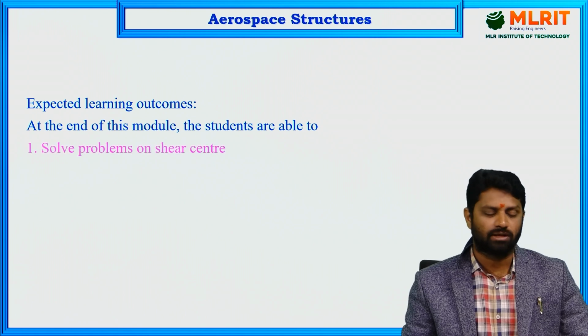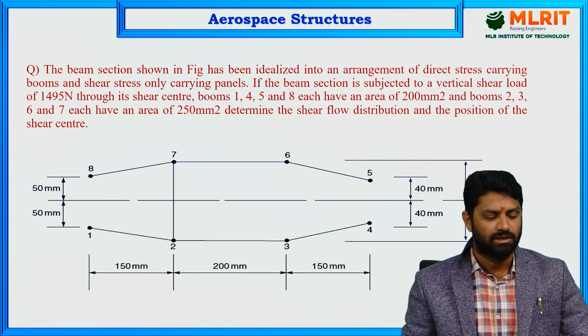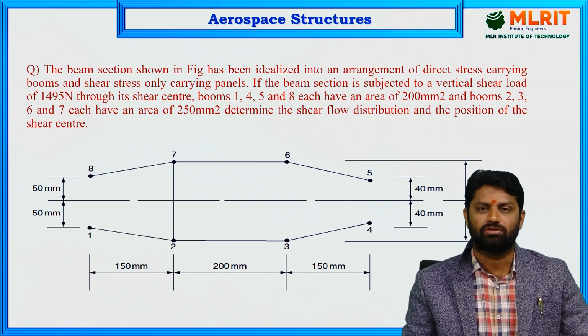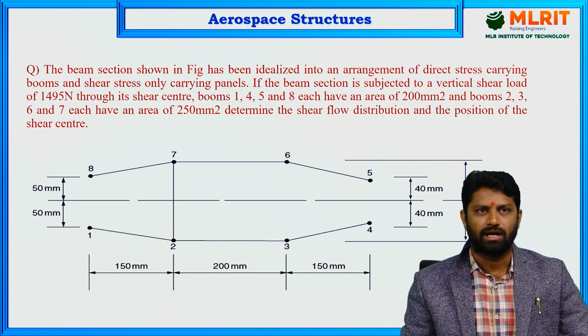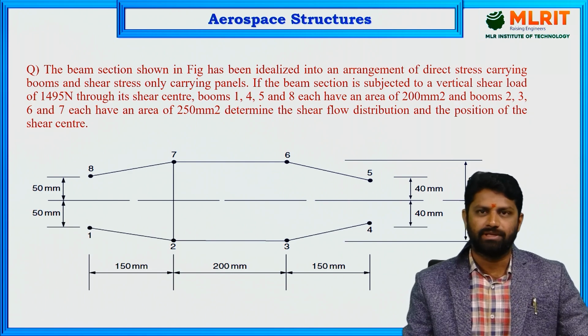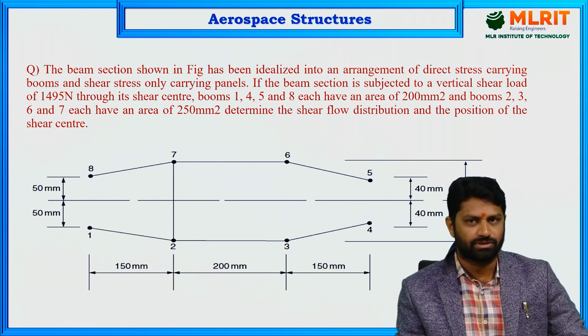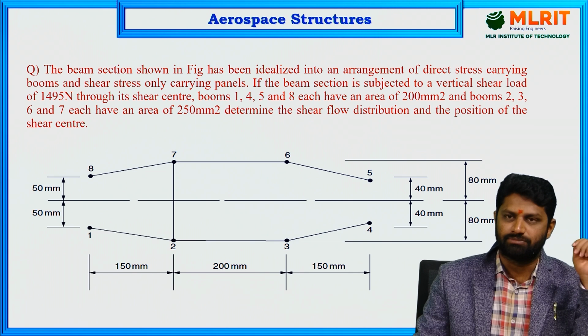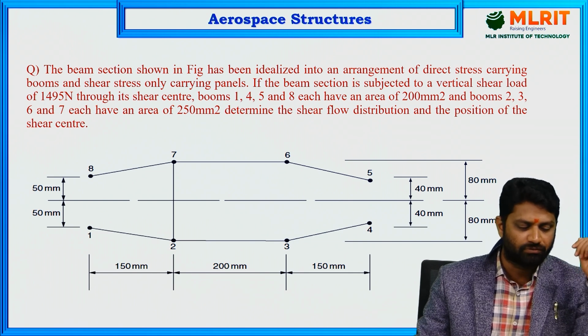The learning outcome in this module is that students are able to solve problems on shear center. Let's consider this diagram. The beam section shown in the figure has been idealized into an arrangement of direct stress carrying booms and shear stress carrying panels. The beam section is subjected to a vertical shear load of 1495 Newton through its shear center.